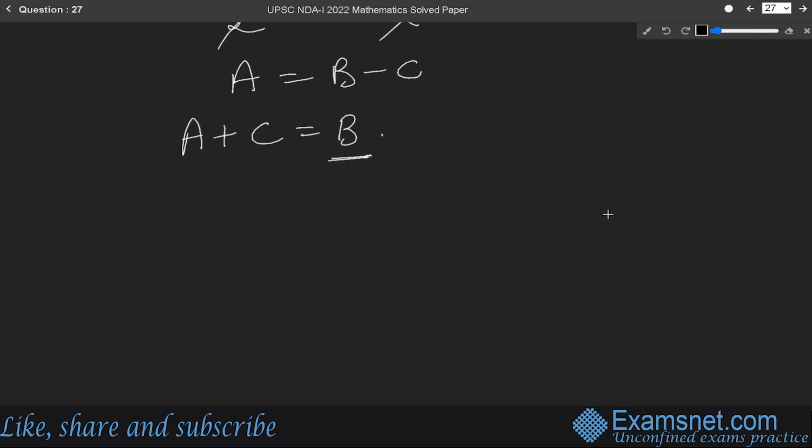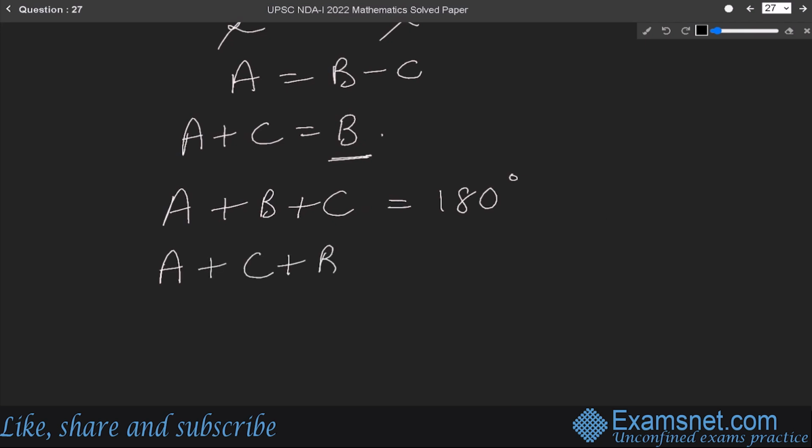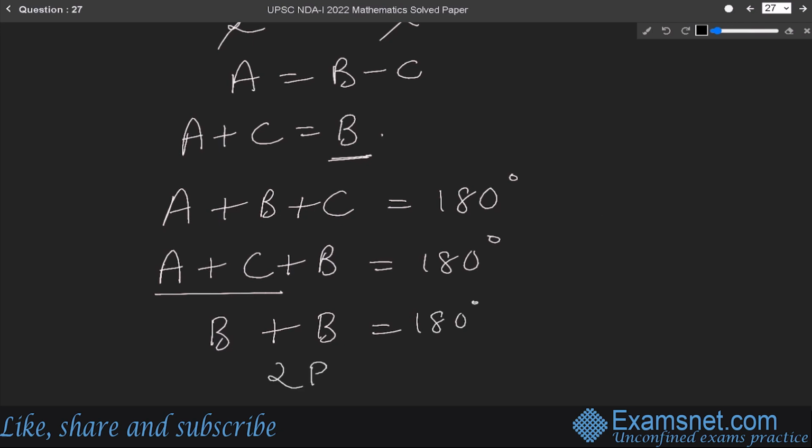Now we know that the sum of angles of a triangle is 180 degrees. So A plus B plus C is 180 degrees. Now I can write it as A plus C plus B, it doesn't matter. So we know A plus C is B. Again plus B is equal to 180 degrees. 2B is equal to 180 degrees.